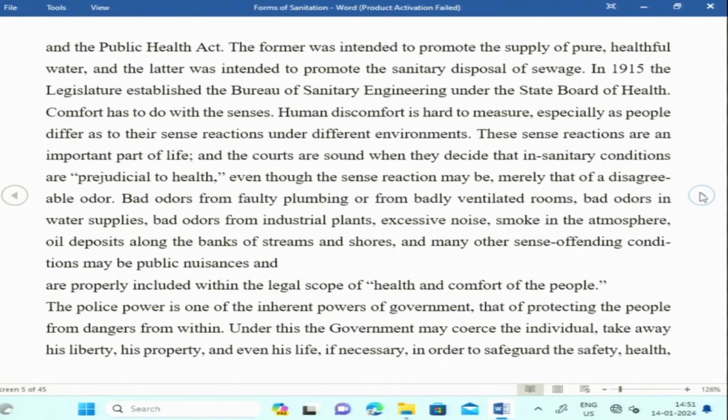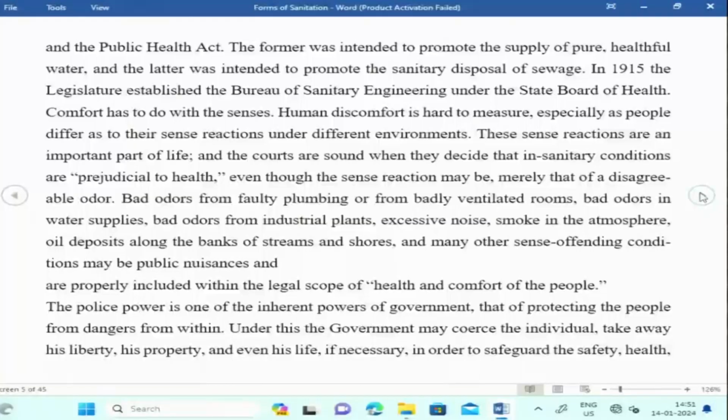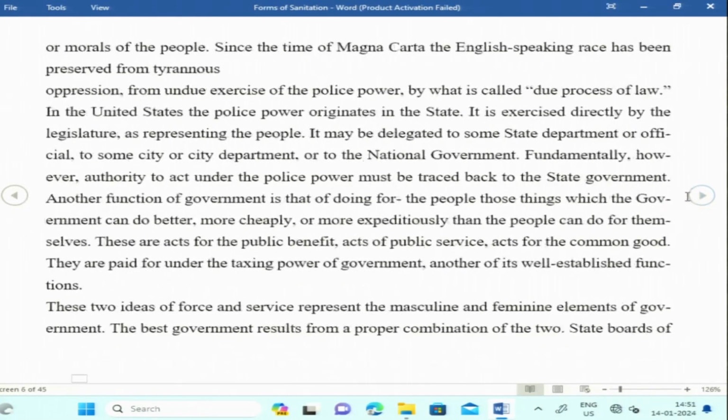In 1915 we speak about the Bureau of Sanitary Engineering under the State Board of Health, where we see a certain assemblage between the state and sanitation. It involves various aspects, such as the health and comfort of the people, and the police power which is inherent in the government, and how they look after that particular thing.